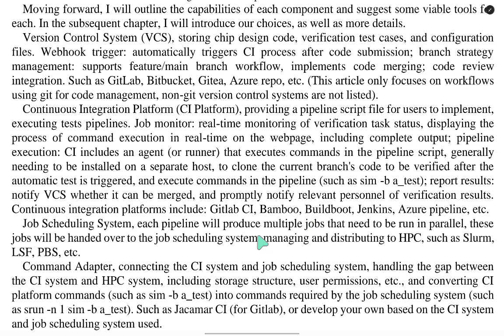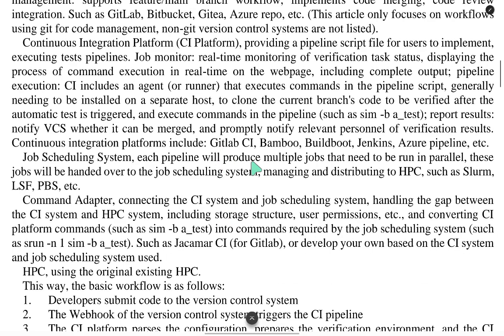Job scheduling system. Each pipeline will produce multiple jobs that need to be run in parallel.